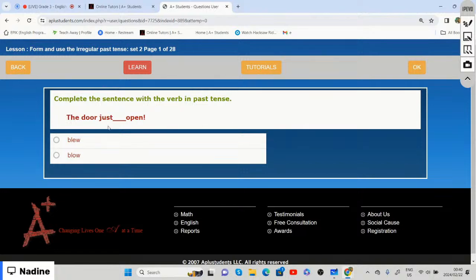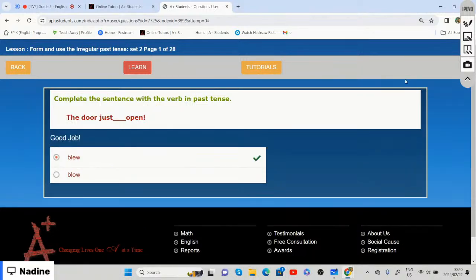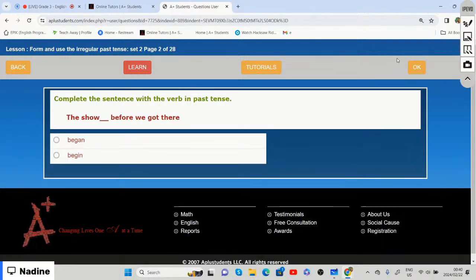All right, so we can say the door just blew open, and blew being our past tense verb.